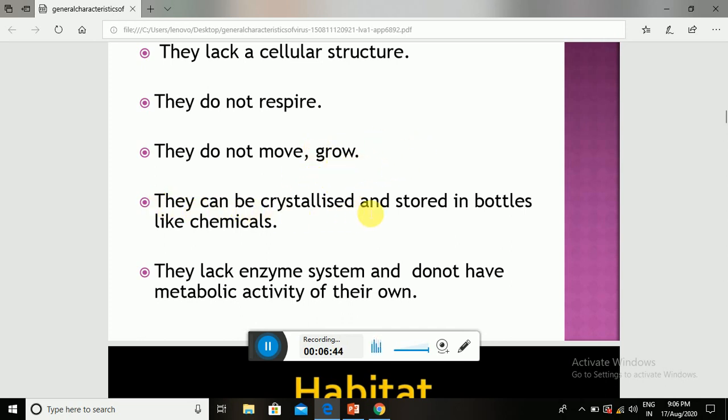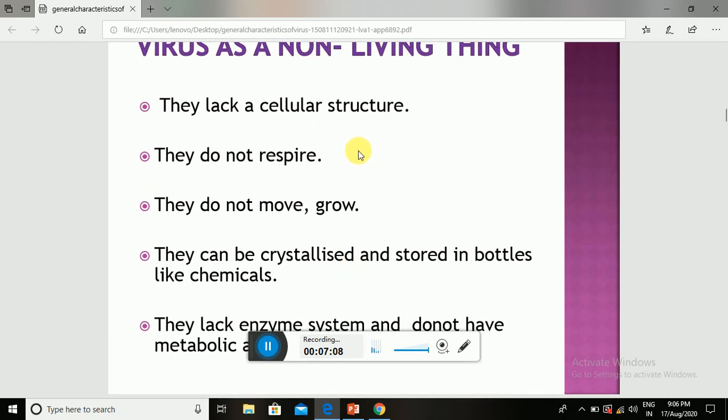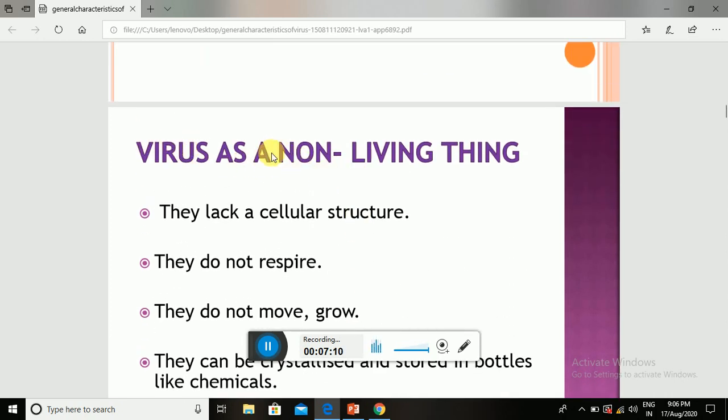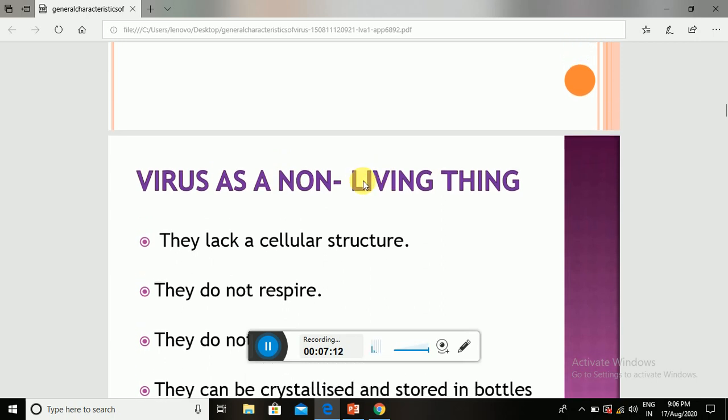They can be crystallized and stored in bottles like a chemical, if you want to store them. Then they lack an enzyme system and do not have a metabolic activity of their own. No specific enzyme system is present in viruses, so they are metabolically inactive. Because of these properties, viruses are considered non-living things.